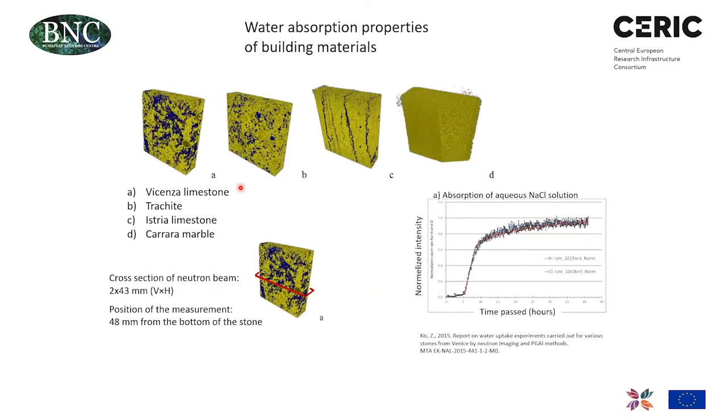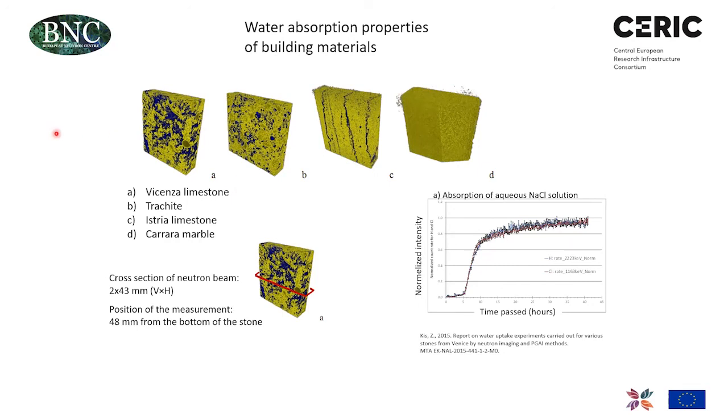There was one experiment where we analyzed historical building materials from Venice, Italy. The conservators were afraid of the effect of the seawater on the old buildings. So we created an artificial sodium chloride solution and let it be absorbed by the stones.